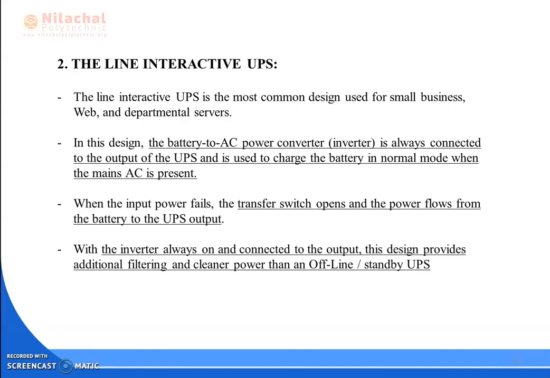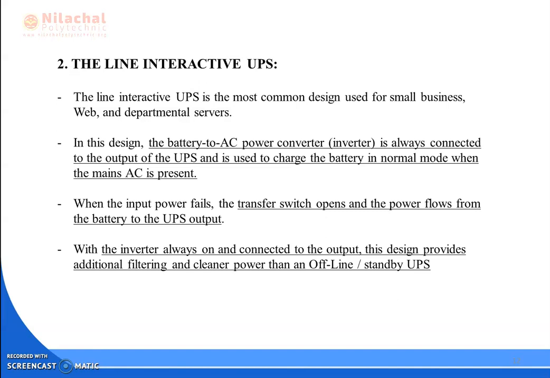Basically, the inverter plays two roles in this design. It provides the AC current, the main output, to the system, as well as it charges the battery in normal mode when the AC current is present.